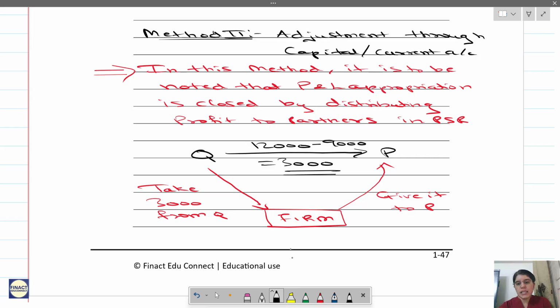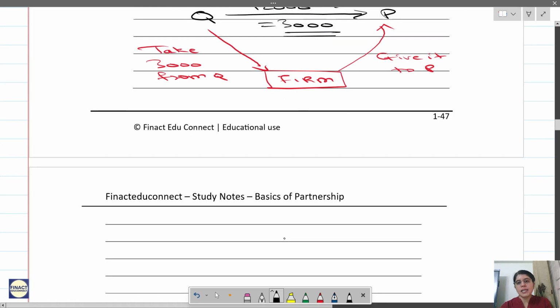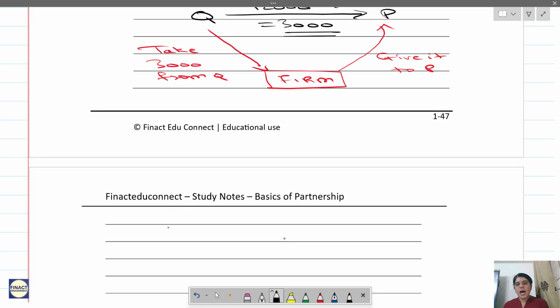As a firm, if I have to take something from the partner, I will debit that partner's capital account.